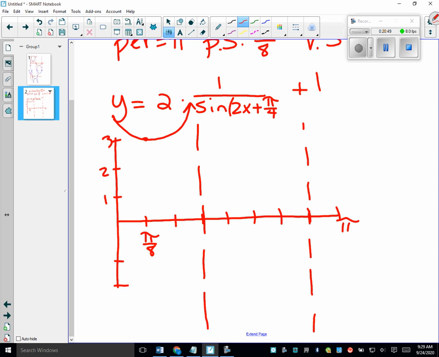What's between those two? 5 pi over 8. And when you trace that, what did you get? Negative 1. That makes sense, doesn't it? Because I had a shift of up 1, and from there I went up 2 and down 2. The graph should make sense to you.